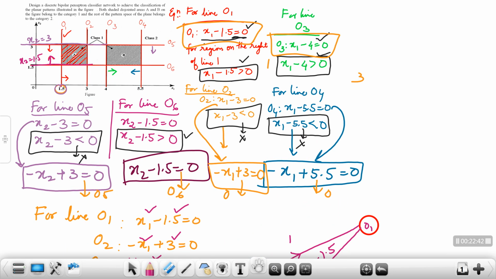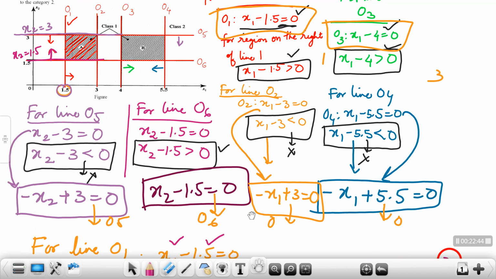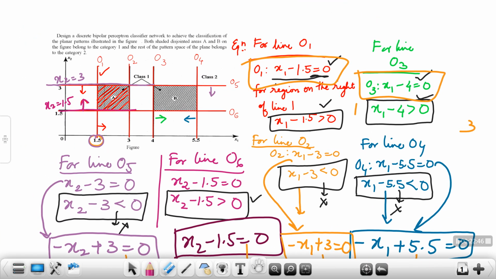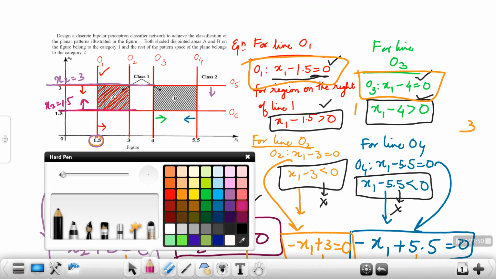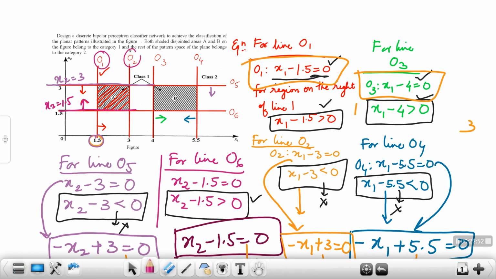When we go back to the diagram, what we can see is that one region is made up of a combination of O1, O2, O5 and O6, and only when all of these conditions are satisfied will it come in this particular region. Yes or no?